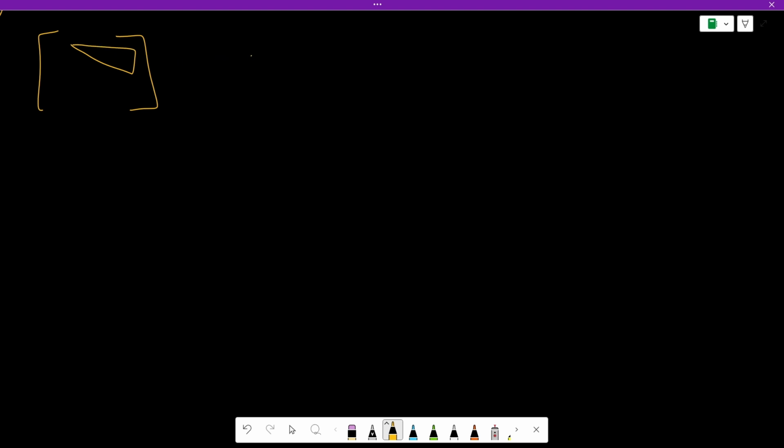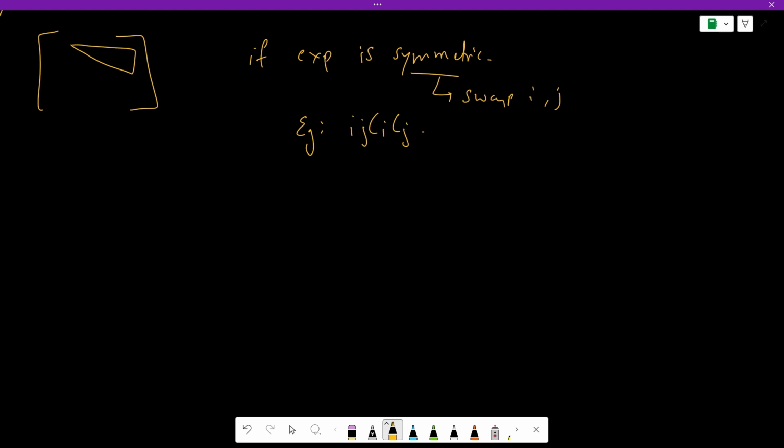Now, if the expression is symmetric, and symmetric means that if you swap i and j, you get the same expression again. For example, if we have i into j into ci into cj, now if you swap i and j, you will get j i cj ci, and that is exactly the same as this.